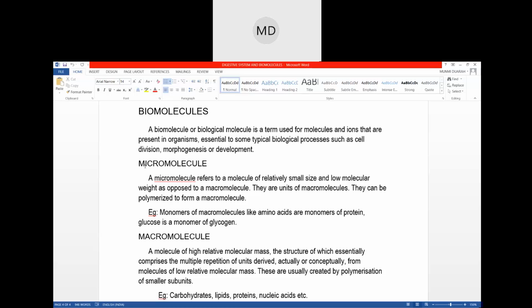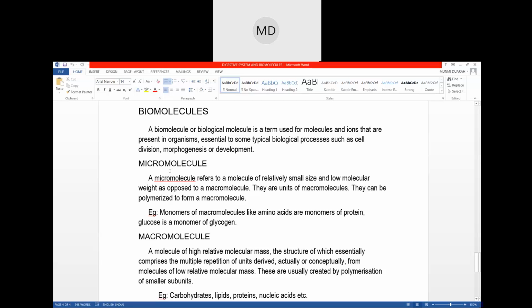So you can compare monomers to bricks. You can compare a monomer to a single brick, and many monomers, or many bricks, will together form a wall, and that wall you can compare to the polymer. Is it clear? So monomers are single units and many monomers will together form a polymer.